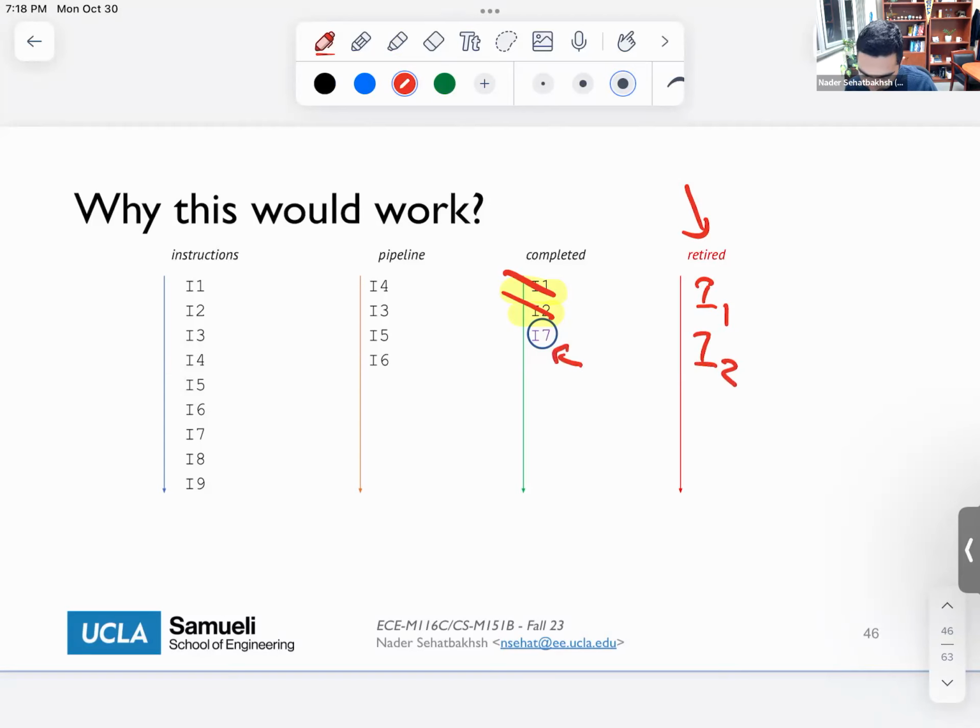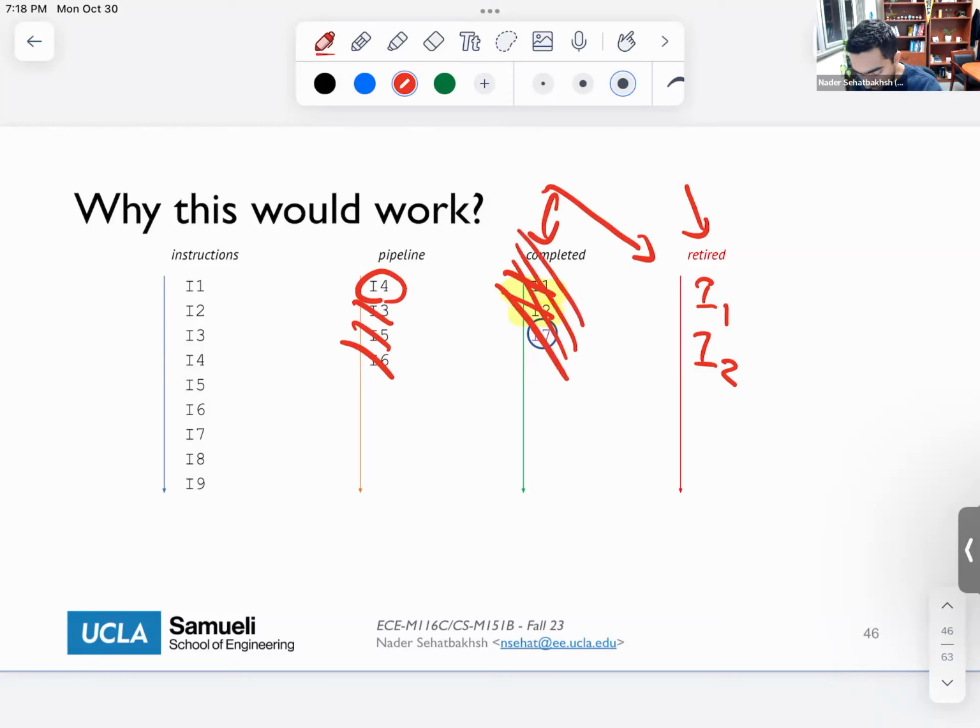But then when it comes to I7, I'm going to check whether all the instructions before I7 have been retired or not. If the answer is no, then I'm not going to retire I7. So I7 is going to stay in the complete stage, but it's never going to go to the retire stage. So now when I'm flushing things, not only am I flushing the pipeline, I'm also going to flush everything that is in the complete stage.